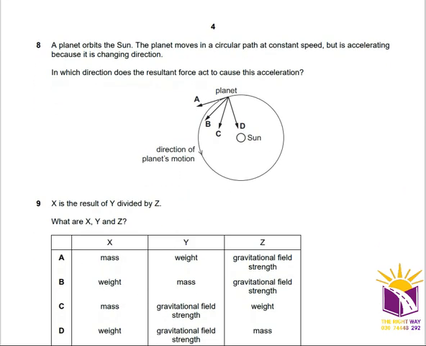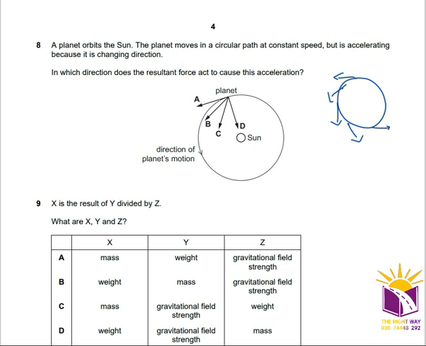Question number 8. A planet orbits the sun. The planet moves in a circular path at a constant speed, but is accelerating because it is changing direction. How is it changing direction? As it moves in a circle, every time its direction changes, its velocity changes, so it is accelerating as well because the direction of velocity is changing.